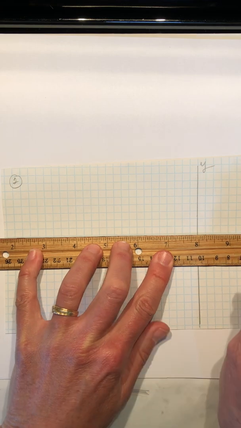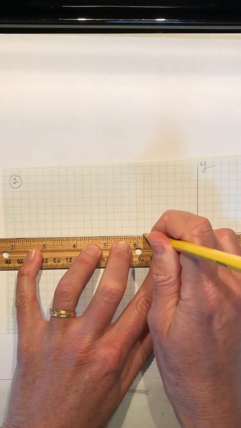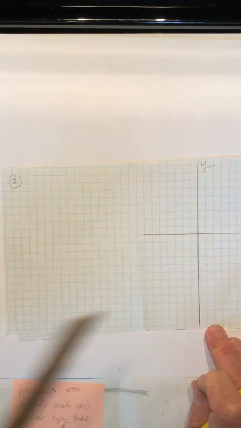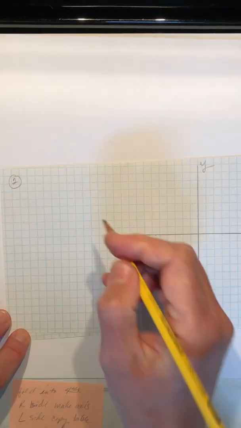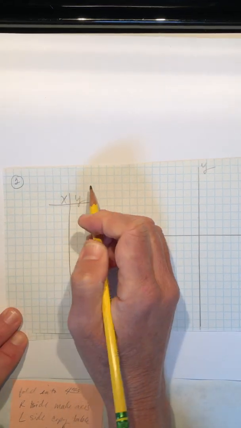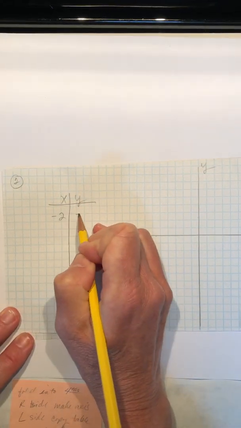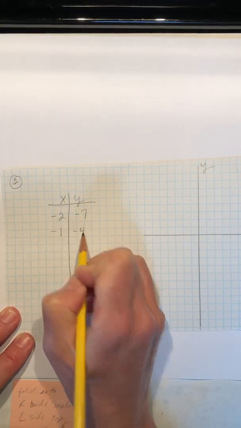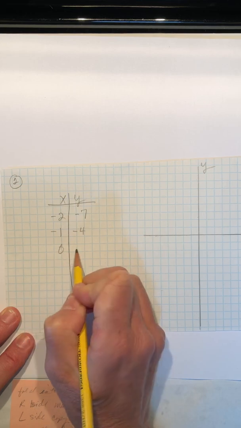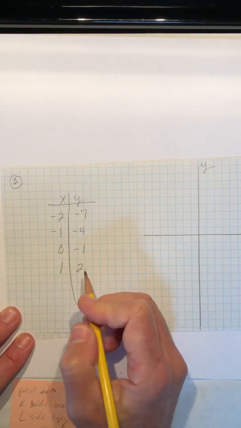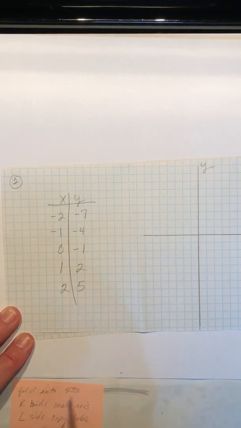Gotta make sure I really get that on there. There's my x. And here's the table of values we're going to work on. So I have x and y, -2, -7, -1, -4, 0, -1, 1, 2, and 2, 5.